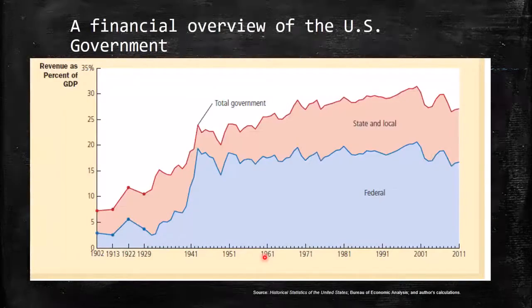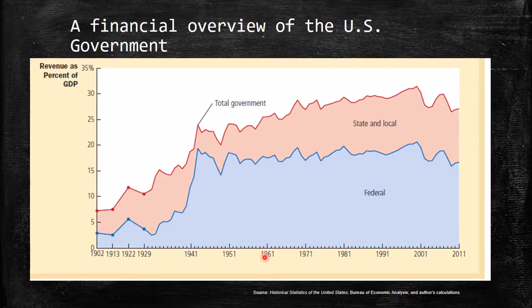In order to have an overview, we're going to focus mainly on the United States, but actually nations work kind of similarly. In this first graph, we have the financial overview of the United States government. On the y-axis we have the revenue as a percentage of GDP.